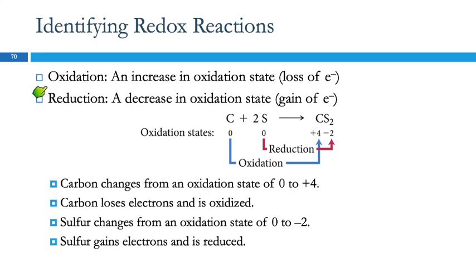So we can also identify oxidation as an increase in the oxidation state. The oxidation state went from a lower number to a higher number. It was oxidized. A reduction is a decrease in the oxidation state. The oxidation state went down from more positive to less positive.